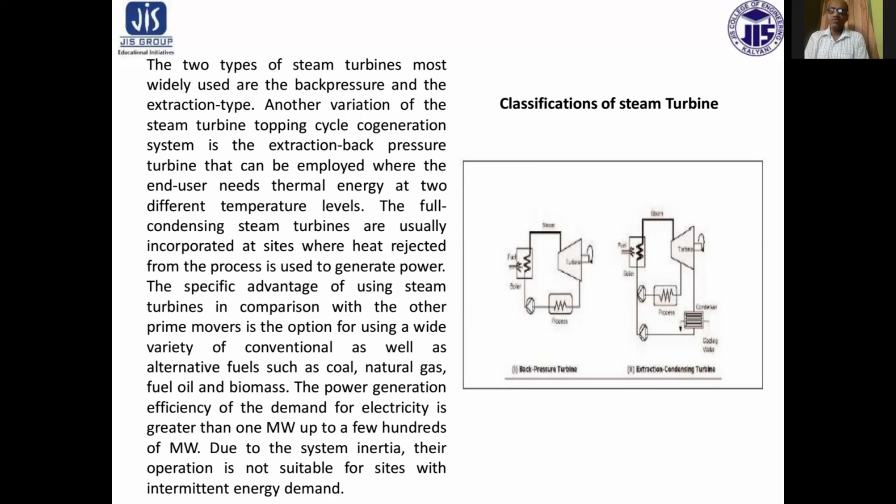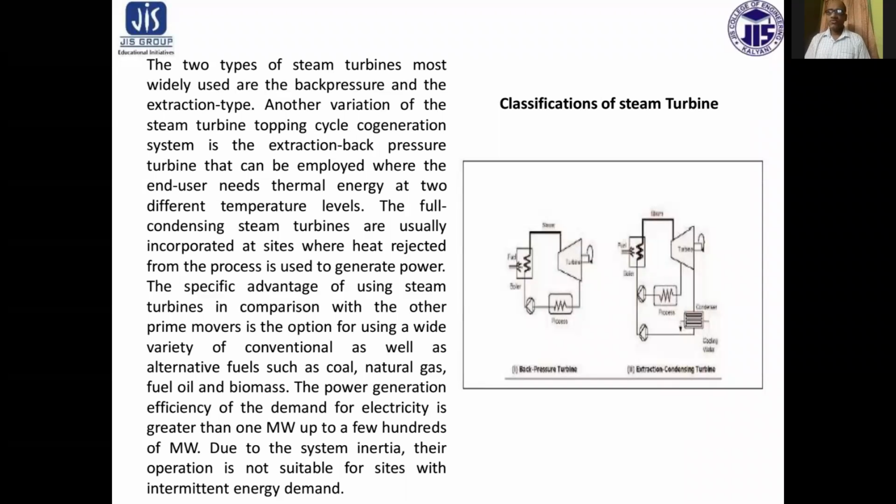Another variation of steam turbine topping cycle cogeneration system is the extraction back pressure turbine that can be employed where the end user needs thermal energy at two different temperature levels. The full condensing steam turbines are usually incorporated at sites where heat rejected from the process is used to generate power.